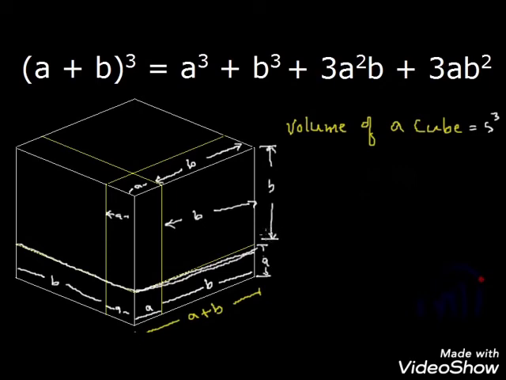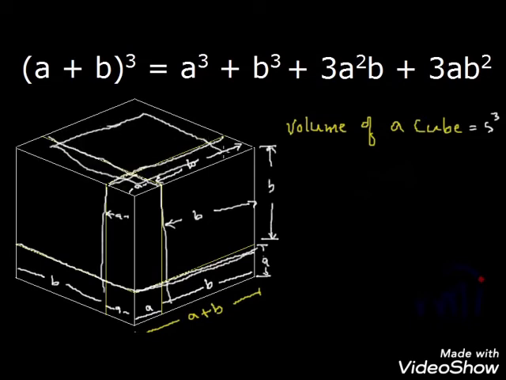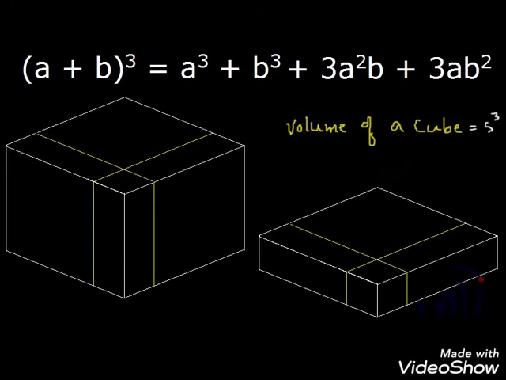These will be two slabs we'll be getting, and this cross section will be common to each of the slabs, right? So these will be two cuboids or slabs we are going to get where this is A, right? This is also A, and height of this cuboid is B, right? And the height of this cuboid is A.